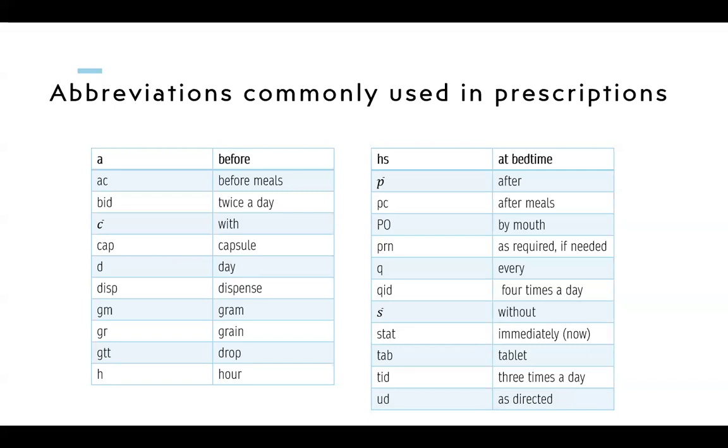But again, for safety, it's always better to write these out very clearly. But if a prescription does contain an abbreviation, it needs to be written very clearly so a B isn't confused with a P, or a Q isn't confused with a G, or something to that effect.